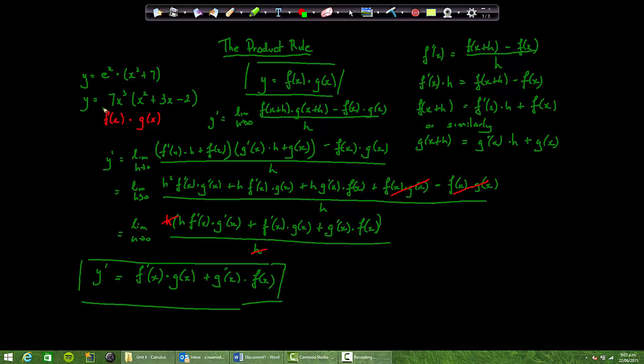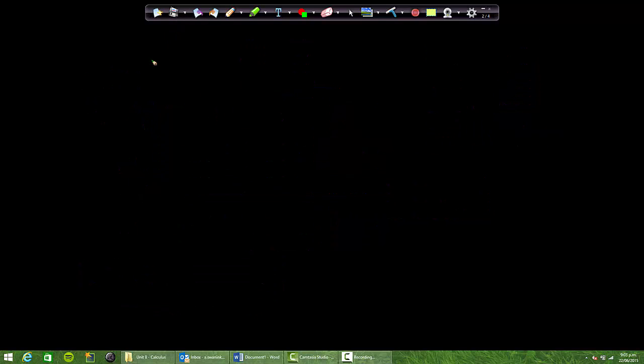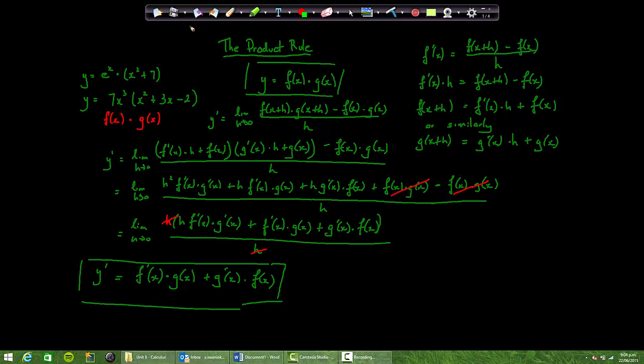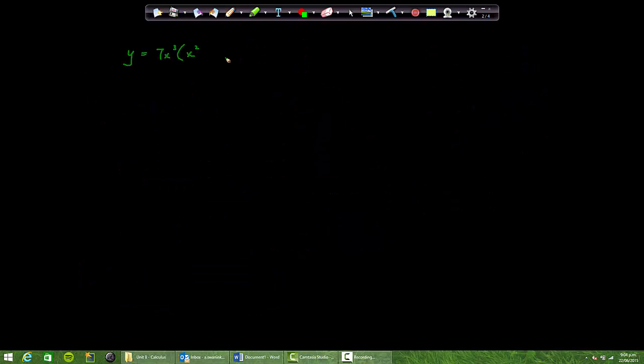So let's take this example here and use the product rule to derive it rather than expanding it out. Let's make a new page. We had 7x cubed, and we had x squared plus 3x minus 2. To emphasize again, this is our function f, our 7x cubed, and we're multiplying that with another function, our quadratic here.